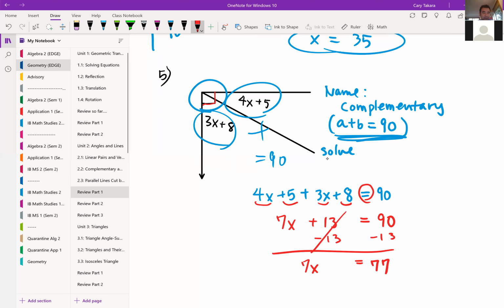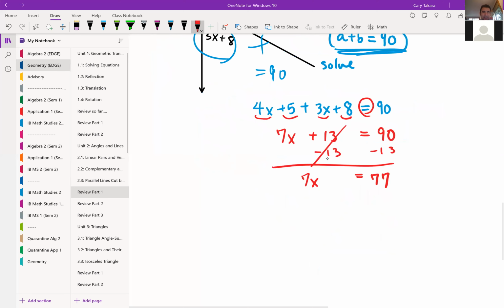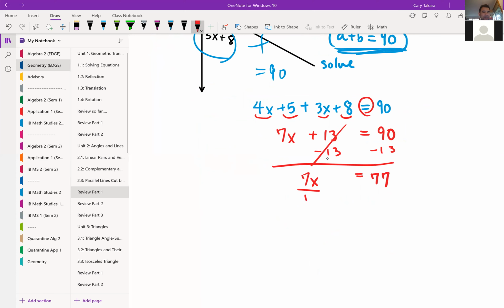And then what do you do to get rid of that 7, right here? Going to divide by 7, right? So x equals 77 divided by 7, which will give you 11.